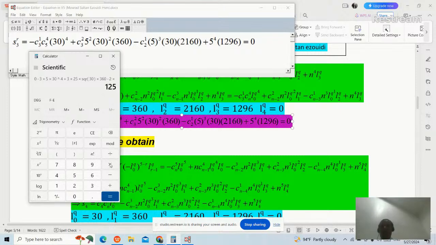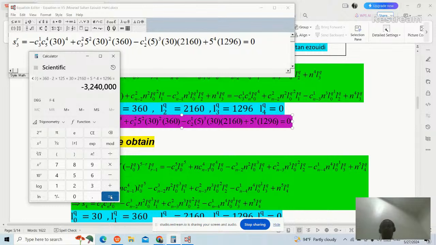Multiply by 30, multiply by 2160, plus 5 raised to the power 4, multiply by 1296. Now, Mr. Murad, make it an equal sign.